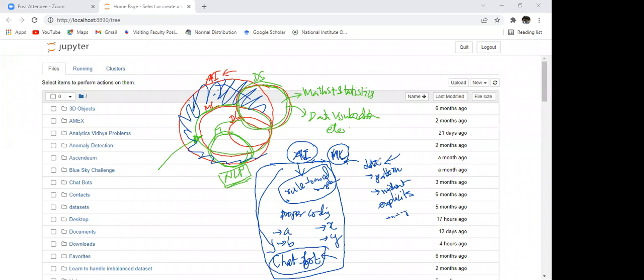When we talk about ML, we are talking about feeding data, making the model learn through data and understand the pattern within the data, without explicitly telling it what to do, okay?